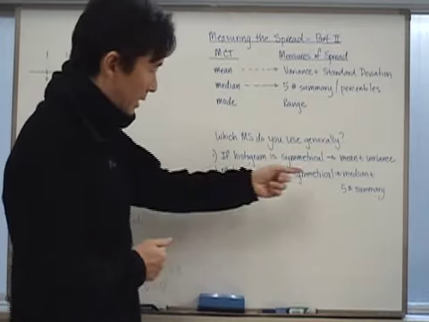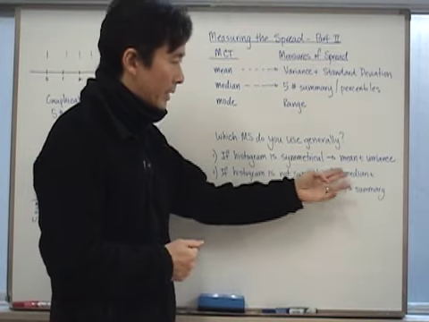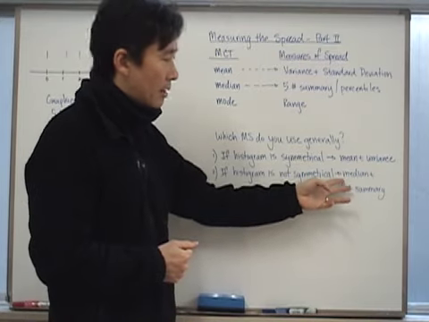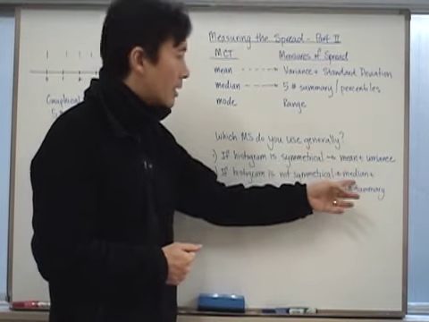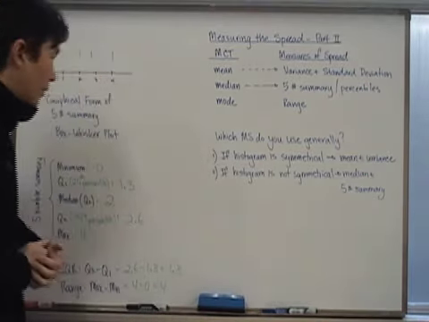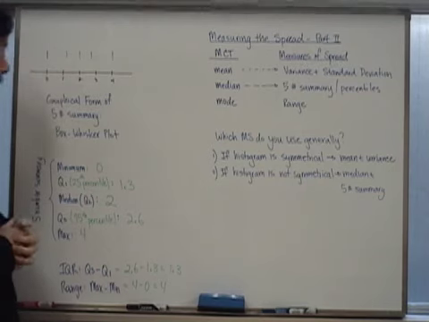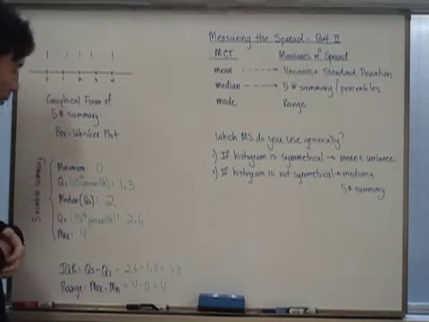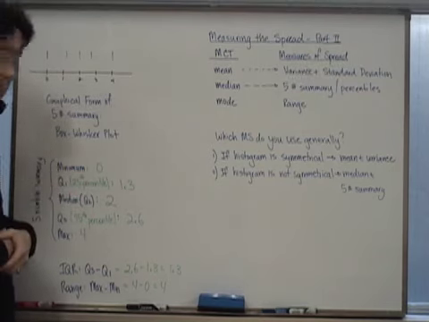Okay, so let's focus on this combination here. We'll get to this combination a little later. Let's focus on this combination and see how we do that. Hopefully everybody remembers from the previous lesson that these are the values that we came up with for our 5-number summary.